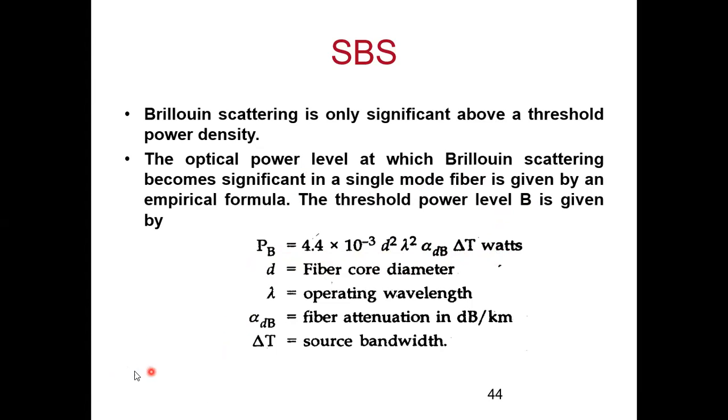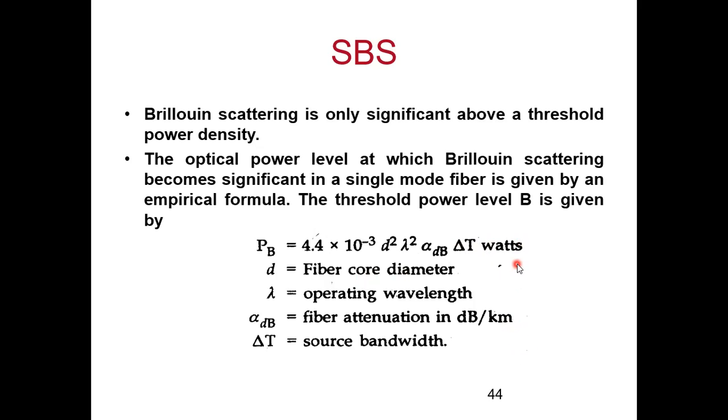Right now, I'm not insisting because you don't have this portion in IA. So here D, lambda, alpha, delta T is there. D is fiber core, lambda is operating wavelength, alpha dB is fiber attenuation, and delta T is the source bandwidth. In senior, it is there in my notes. Some data is given related to all these things.